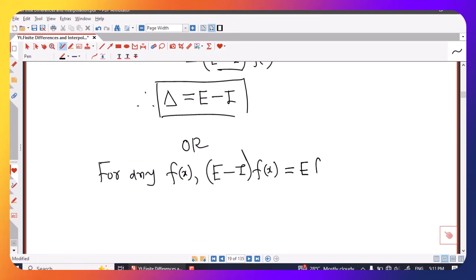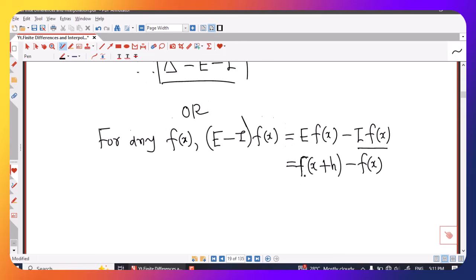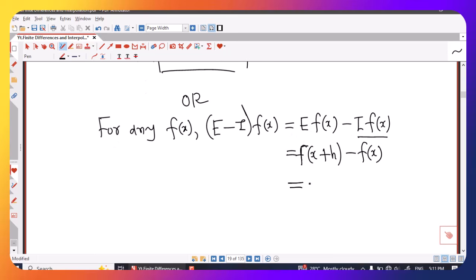So this I can rewrite as E f(x) minus I f(x). By the definition of the shift operator, E f(x) is f(x plus h), and I of f(x) equals f(x) by the definition of the identity operator. And we know that this is nothing but the first forward difference of f(x).